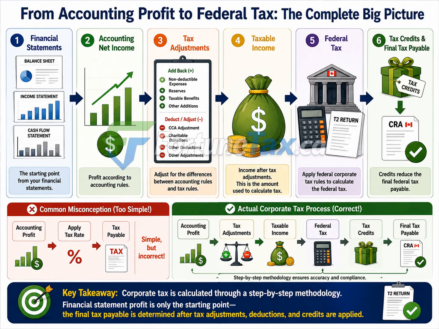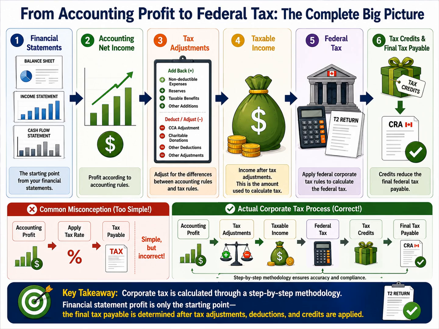These statements, including the income statement and balance sheet, are prepared using accounting standards and provide the starting point for the tax calculation process. From the financial statements, we determine the accounting net income. This represents the corporation's profit according to accounting principles. However, accounting profit is designed to measure business performance. It is not automatically the amount that will be taxed.